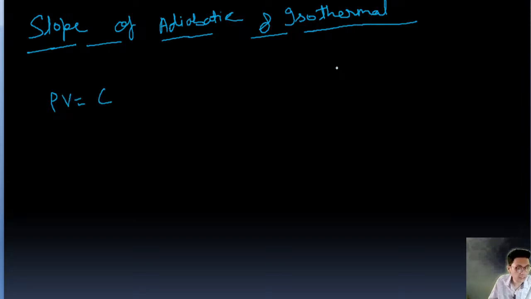And in the case of adiabatic, we know PV to the power gamma equals constant, right?